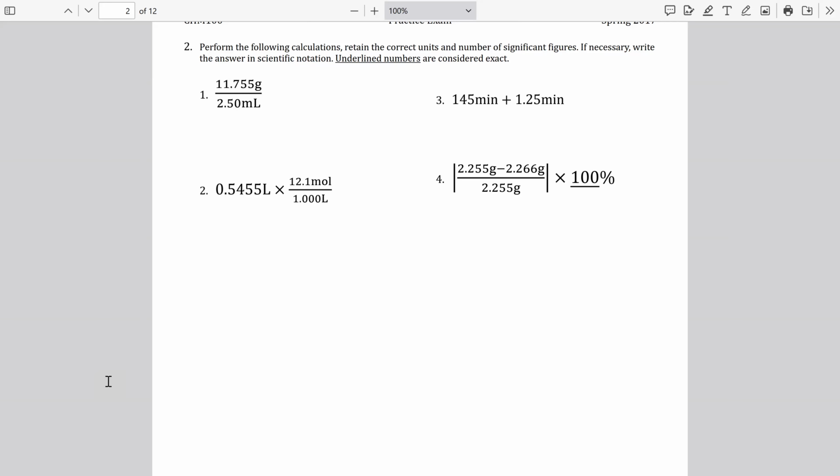But this means we only have 2 sig figs. Right, because we did the subtraction first, now we only have 2 sig figs. And so when we do the division, we get a number.